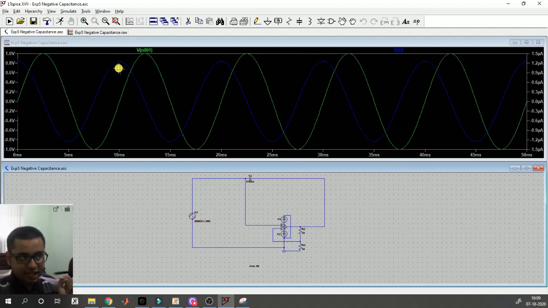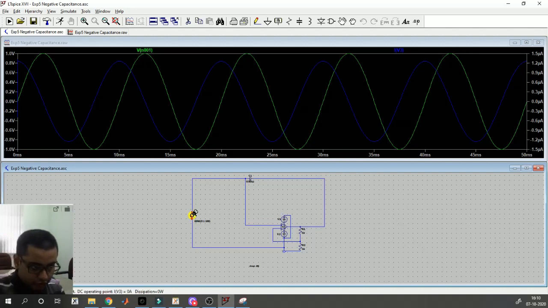Notice that this current is in the downward direction. However, if I want to measure the impedance of this circuit, I should measure the current in the upward direction, because the reference polarity of my voltage source has plus terminal upside and minus terminal downside.